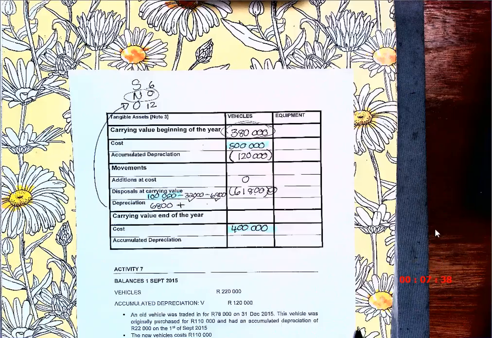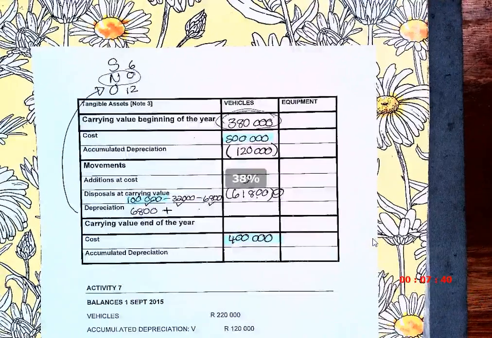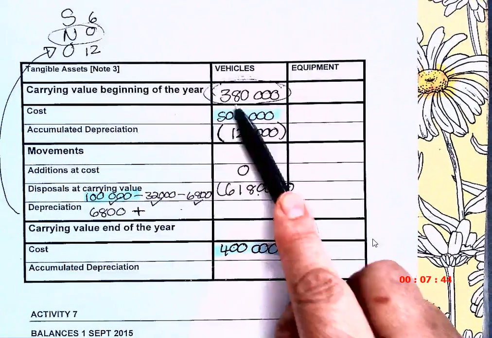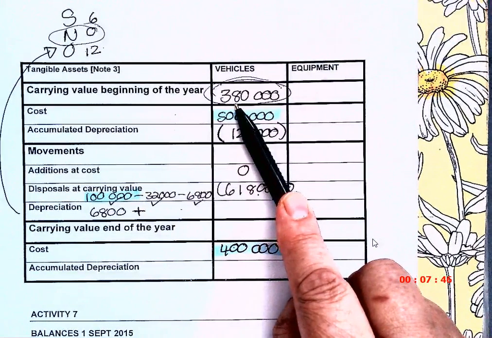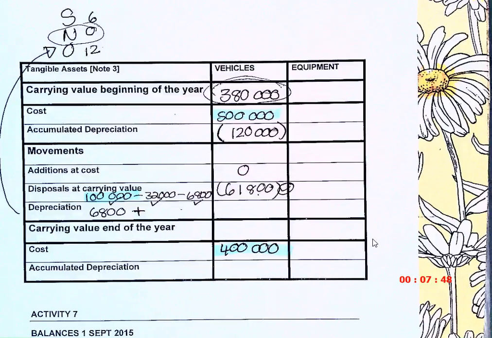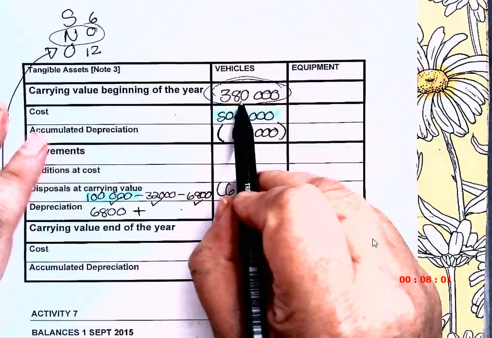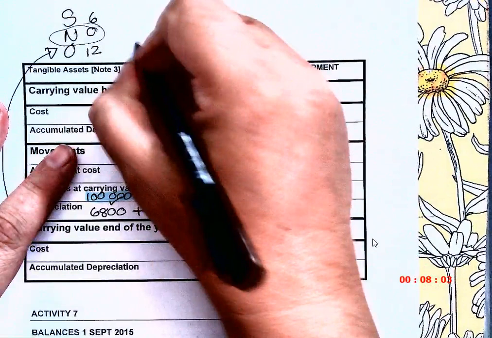So now you agree with me, if I want to calculate the depreciation, I can't take the 380. I have to take out the asset that I sold, because the asset that I sold I already calculated. Now look at what you're going to do. Please pay attention. You're going to take the carrying value at the start of the year, right? That 380.